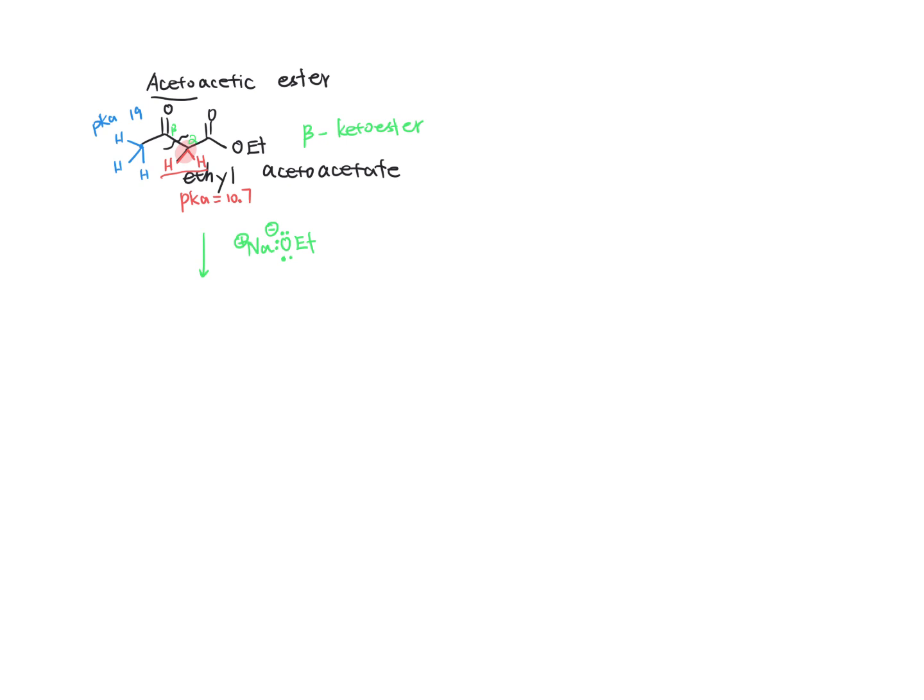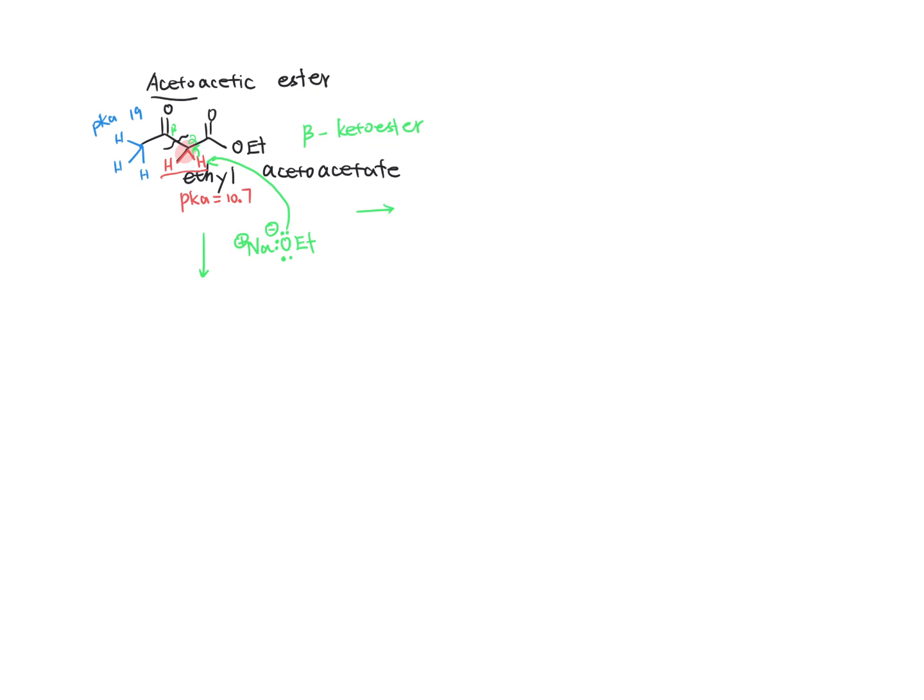So for this base, the blue hydrogens on the ends are not acidic enough to be deprotonated. However, this red hydrogen in between is acidic enough to be deprotonated to form a very, very stable enolate. We are going to do that process, and it will deprotonate this.